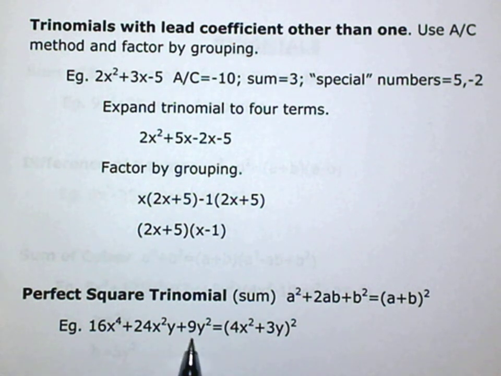We take the square root of the last term and put it here. All of this is in one set of parentheses, which has an exponent of 2. We have to check to see if this actually works by multiplying this times this. We double our answer. If it gives us the middle term here, we know we have factored it correctly.